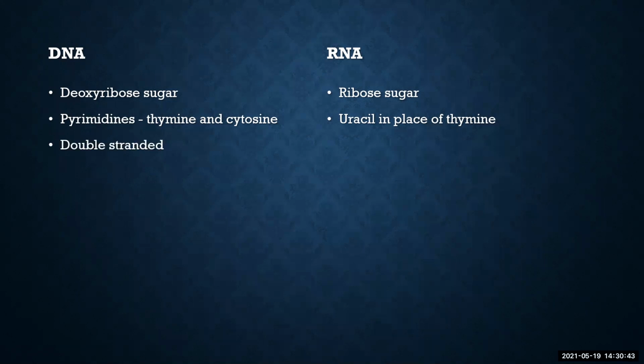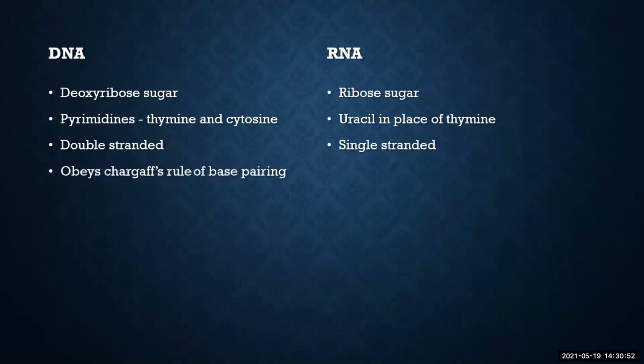Third difference comes in the number of strands that are available. DNA is routinely and normally double-stranded. RNA is single-stranded. And DNA obeys Chargaff's rule of base pairing. Now, what is this Chargaff's rule? Chargaff's rule says that the number of purines and pyrimidines are equal. Okay, so if, let's say, there are 100,000 thymine present, the same number of adenine will also be present.